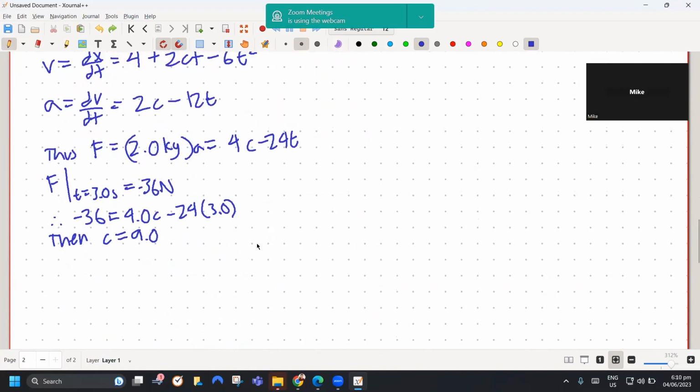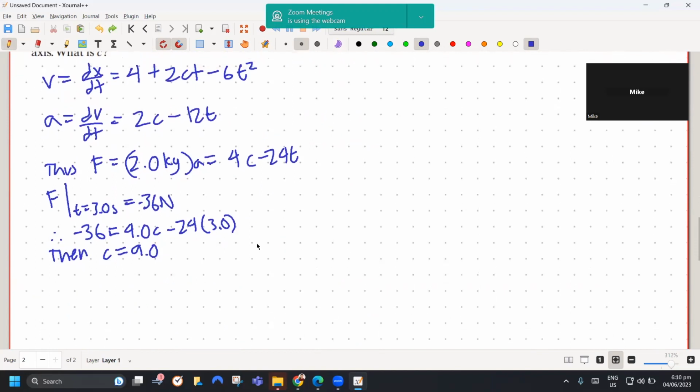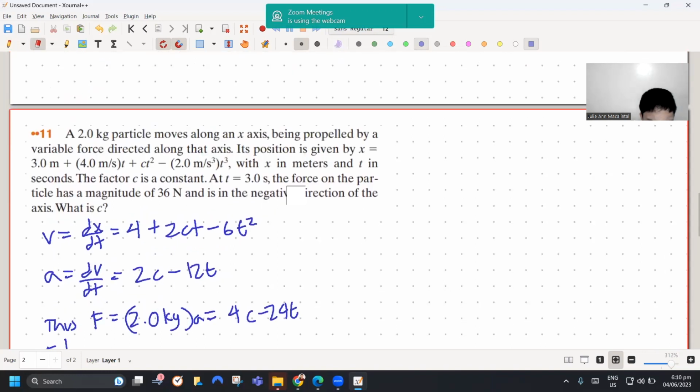Tingnan mo yung balik tayo dun sa x versus t. Newton. 20. Meter per. Tingnan mo yung x versus t.